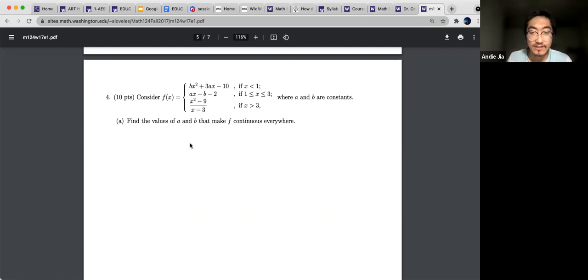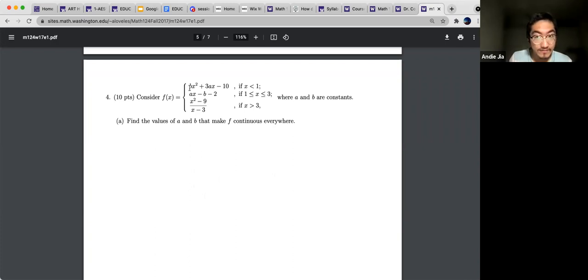If you evaluate the limit of f of x from the right side, then the limit is 6, and I plug in 3a minus b minus 2 is equal to 6, so you will have 3a minus b equal to 8. Then at x equal to 1, it is also a minus b equal to 8.